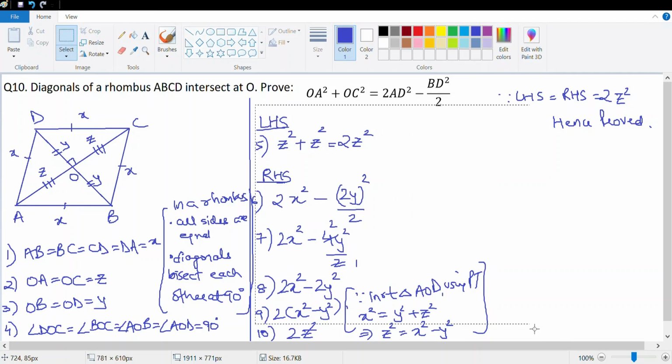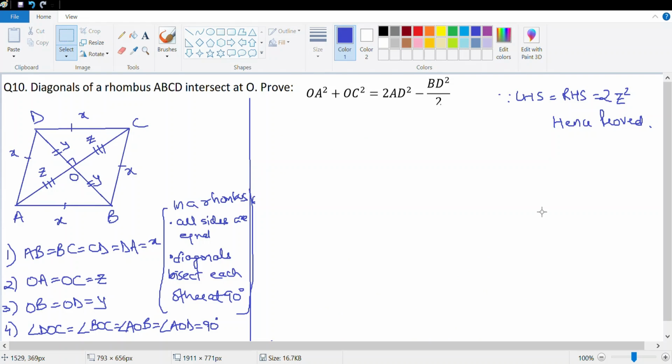I will erase whatever I have written so that I have some space to solve. Reasons here remain the same. I will just remove the variables that we've kept, so I will remove X, Y and Z. Rest everything remains the same. So we work with point number 5.